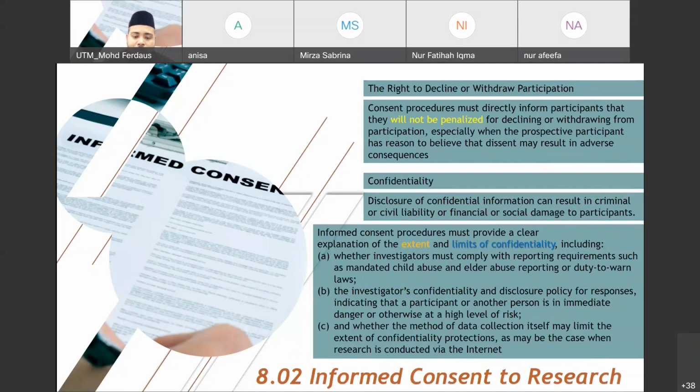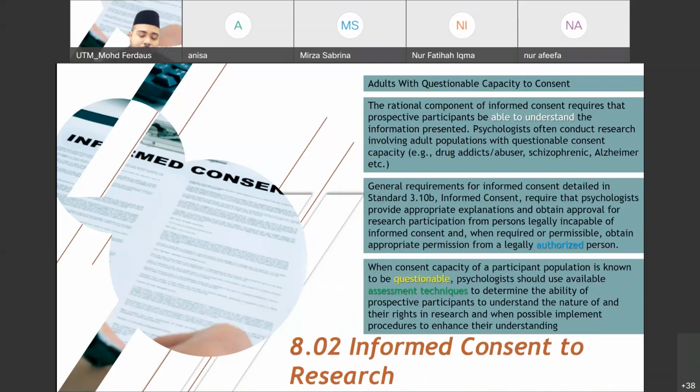Next, still under informed consent of research, is adults with questionable capacity to consent. In the previous discussion, we assumed that the person has the mind and physical capacity to give their own consent.